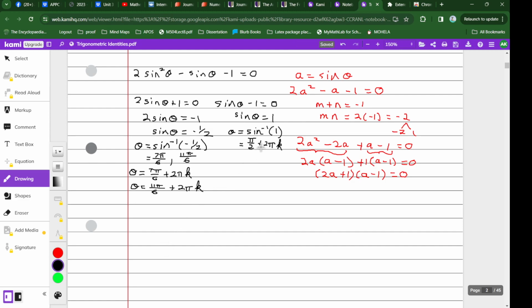So this is our 2 between 0 and 2 pi answers, and then the 2 pi k's is extending it to all real numbers that match this criteria.